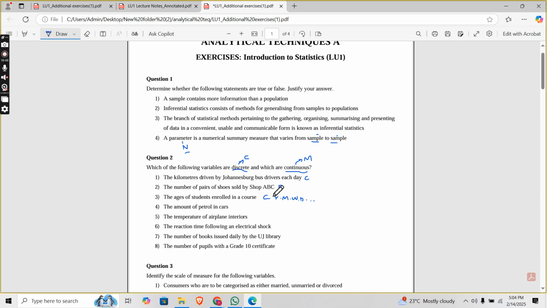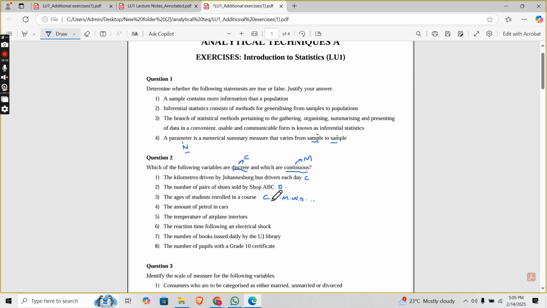So an important thing you have to note is that discrete numbers do not have commas.